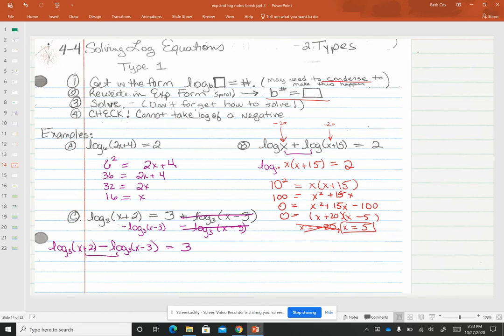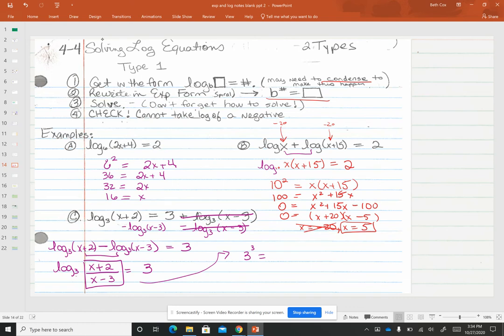Then I'm going to condense. And so this is going to be log base 3 of x plus 2 over x minus 3 is equal to 3. Okay, so then I'm going to do my spiral. 3 to the third power. I'm going to bring it over here. So I have 3 to the third power is equal to the box.